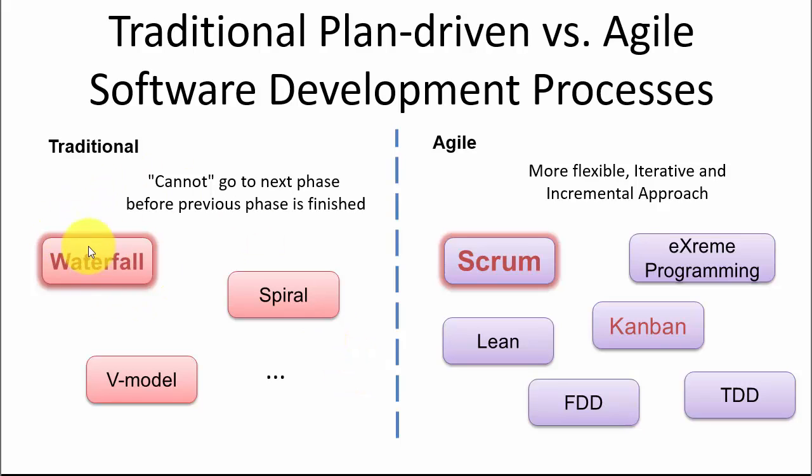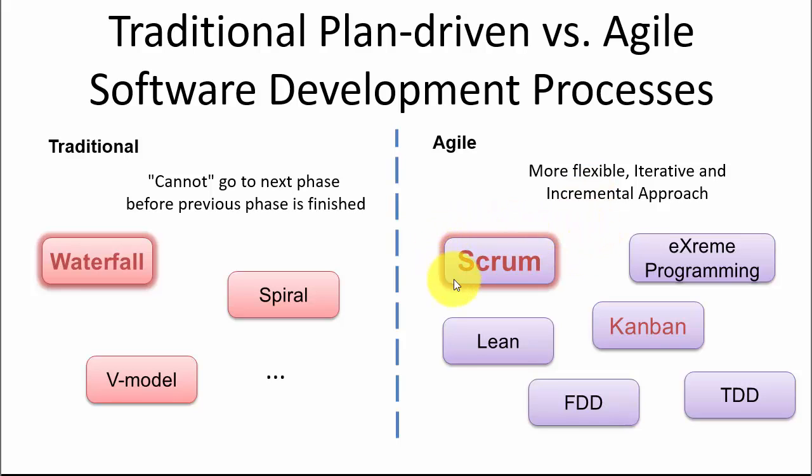Here we have the typical waterfall process, but we have also other processes like the spiral method or a V model. While the newer approach to software development is the so-called Agile software development processes. These processes are more flexible, and they work in an iterative and incremental way.